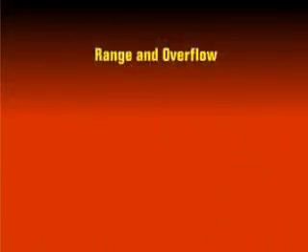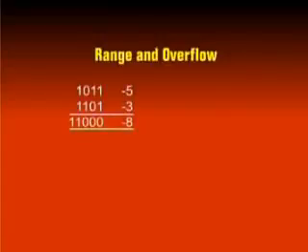Let's have a look at some examples which help us in determining if an overflow has occurred in the case of 2's complement number representation. Considering the 4-bit 2's complement representation, the maximum negative number which we can represent is -8. So let's add -5 and -3. The answer is -8.